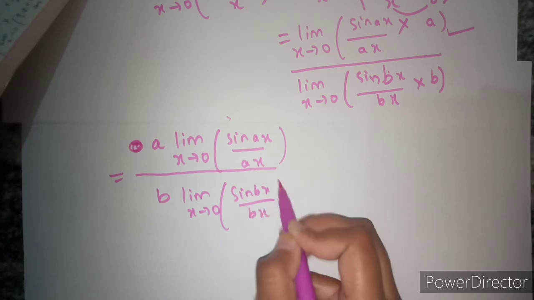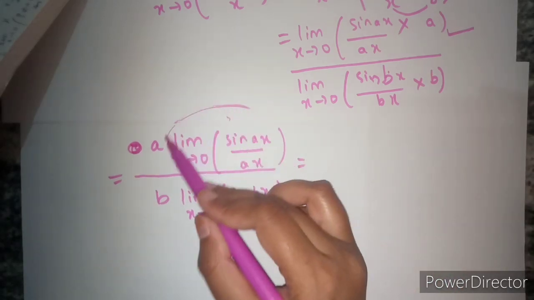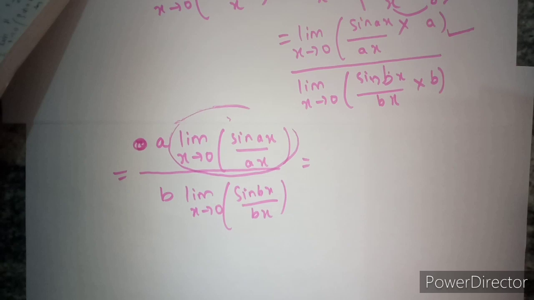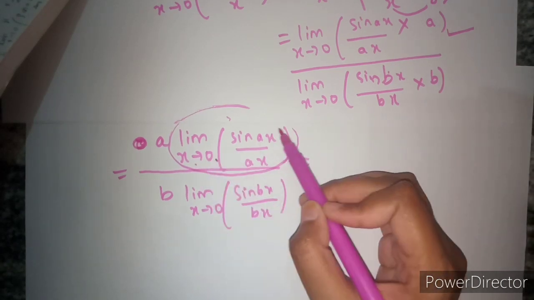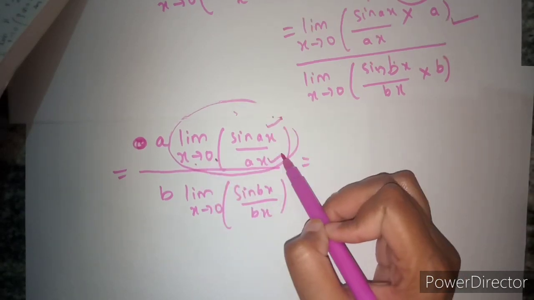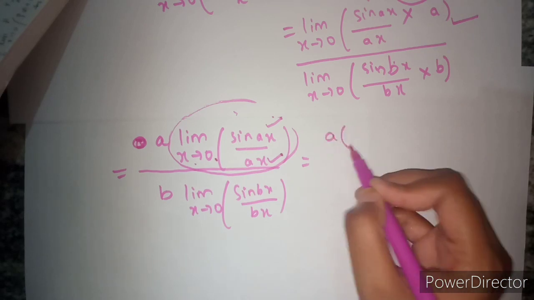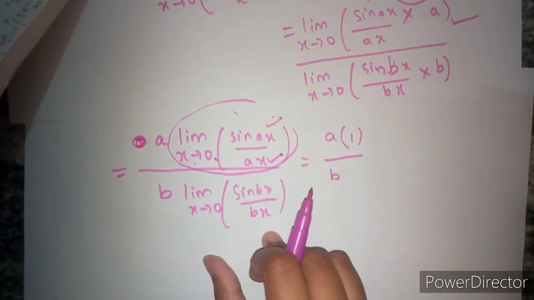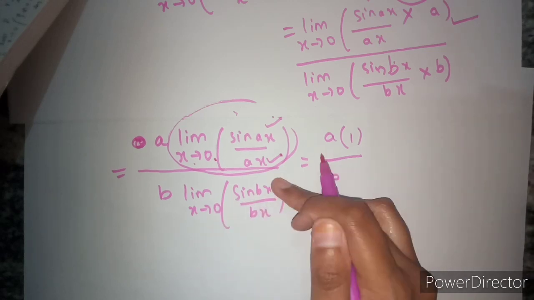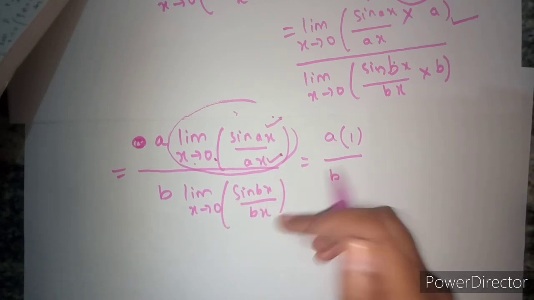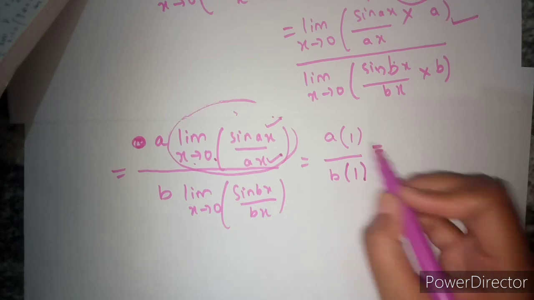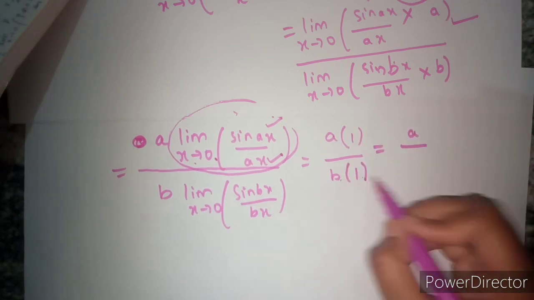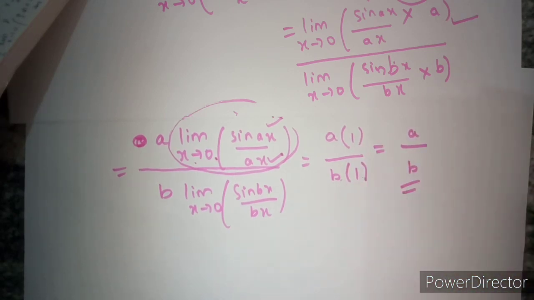Okay, so what is the value of this one? Here x is tending to 0. In the numerator we have ax and the denominator also we have ax. So 1 is the value of this. Again b as it is. Again 1 is here, x is tending to 0. Here we have bx, in the denominator also we have bx. So 1 is the value of this one. a into 1 is a, b into 1 is b. So this is the answer we have got.